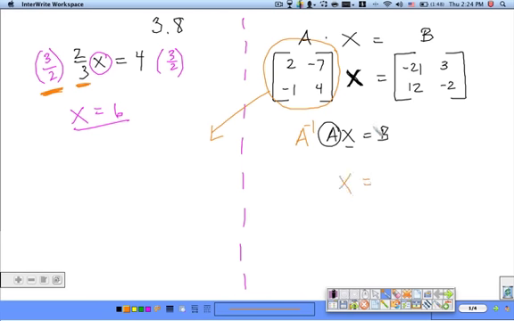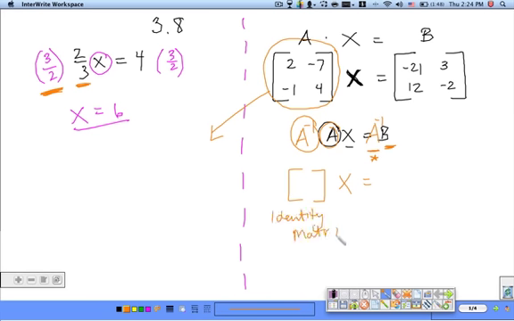Now what we have to do here, be careful with this. Take matrix A inverse and multiply it right here. It has to be first. Now I want to make a little note of that. A inverse times B. When you take A inverse times A, you get something that we call the identity matrix.